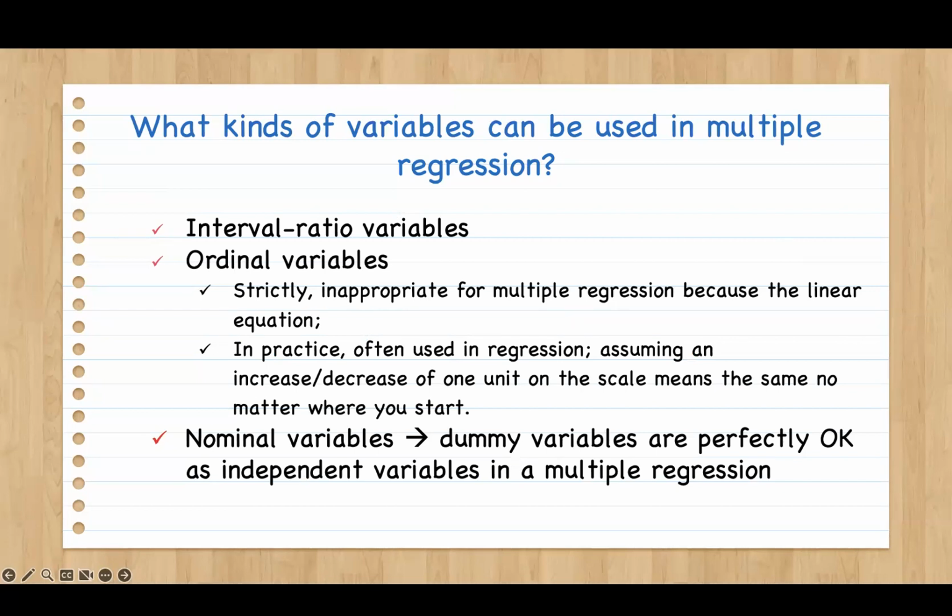Strictly, ordinal variables are inappropriate for multiple regression because of the linear equation, but in practice, ordinal variables are often used in regression. And nominal variables, like dummy variables, are perfectly okay as independent variables in a multiple regression. So this is something you may use afterwards, and you can memorize them.